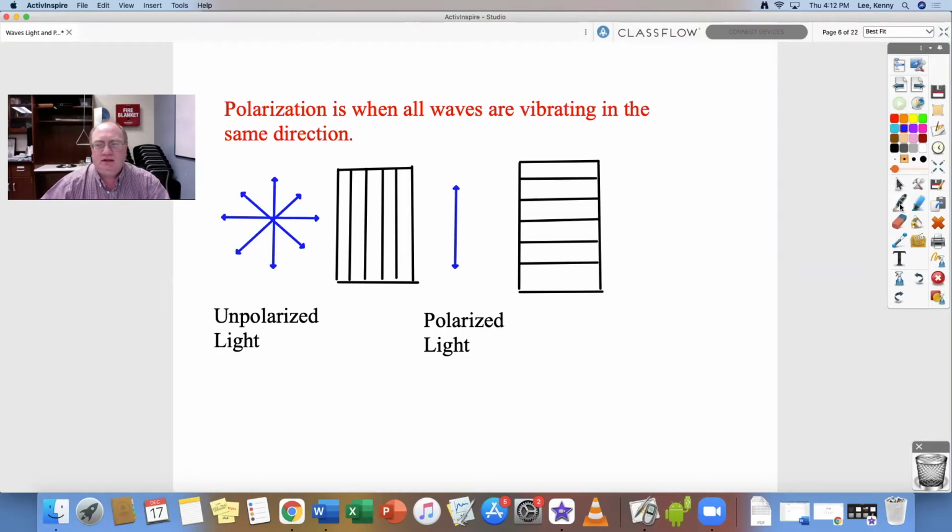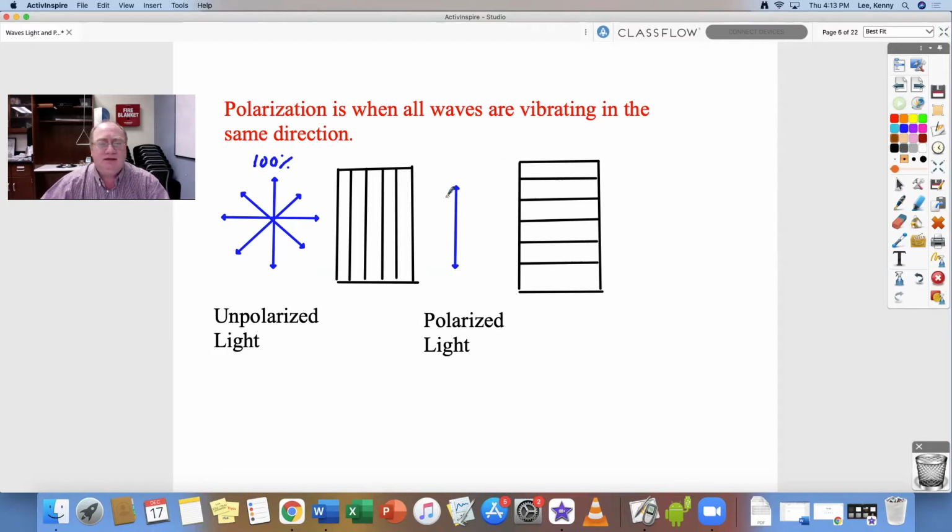Now the question is, if this is 100%, how much of that light makes it through? Well, a lot of times people think, well, it's only one of, let's see, one, two, three, four lines. So is it a quarter? And no, it's not. It's actually more than that.